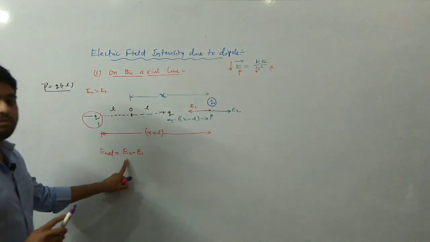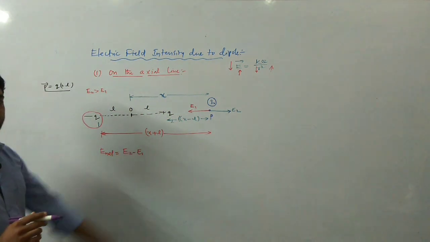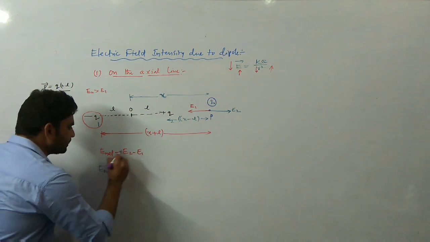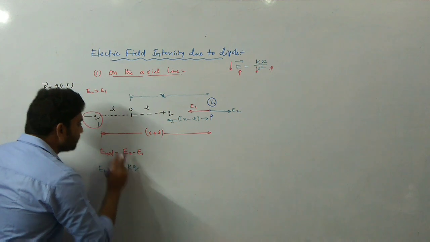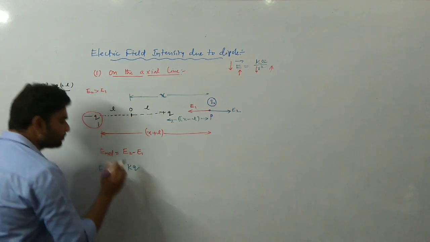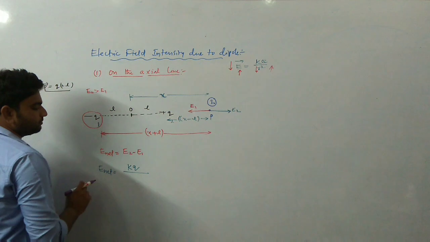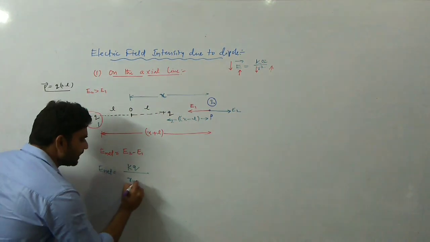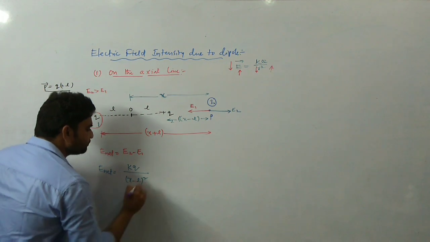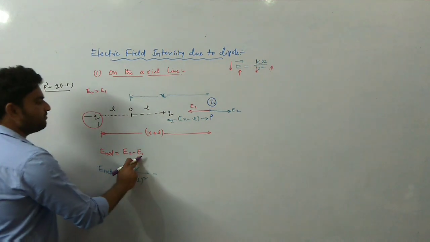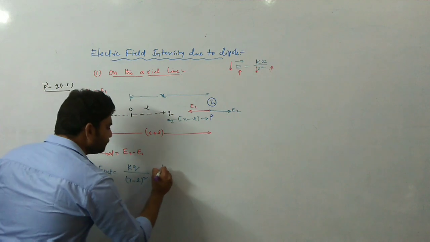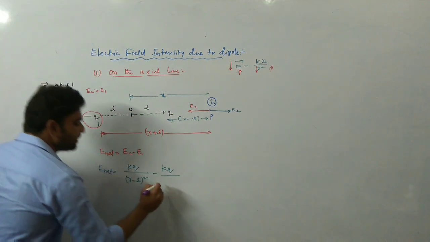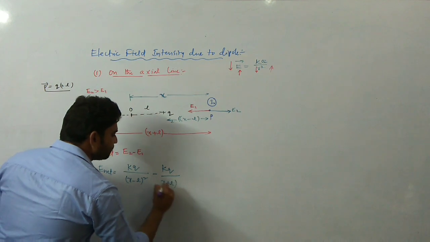You know the E2 intensity formula, just substitute the R value, and my E net becomes KQ by R square, because I have assumed a charge Q. For E2 the R value is x minus L whole square, and minus E1, which is again KQ by x plus L whole square, right?